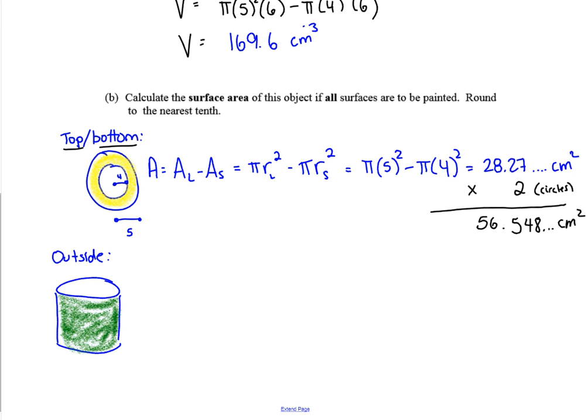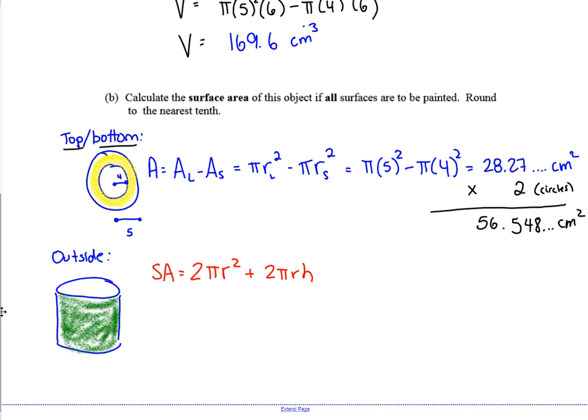What part of the surface area formula for a cylinder, which is 2 pi r squared plus 2 pi r h, do we want? 2 pi r h. We do not need the two circles. We've already taken care of our circle stuff, right? So we just want the 2 pi r h for that outside.